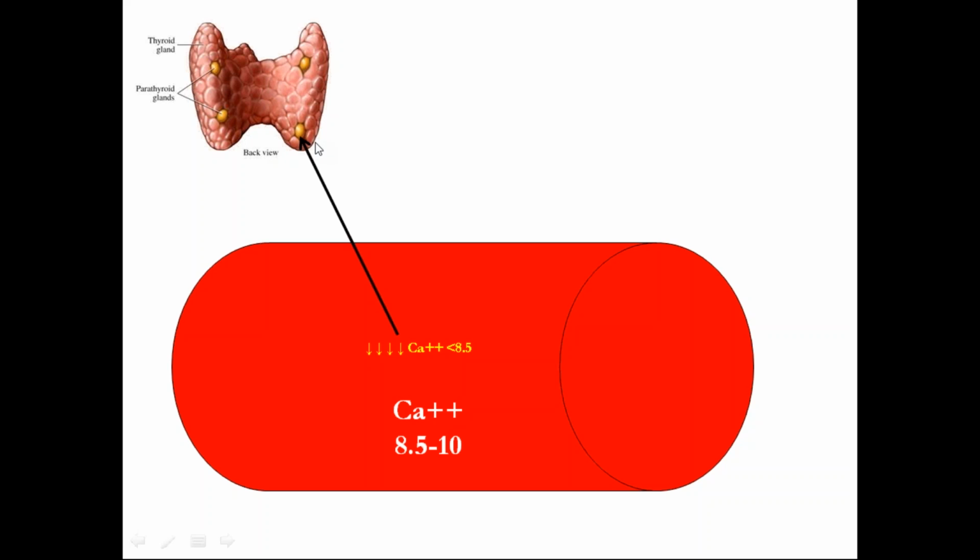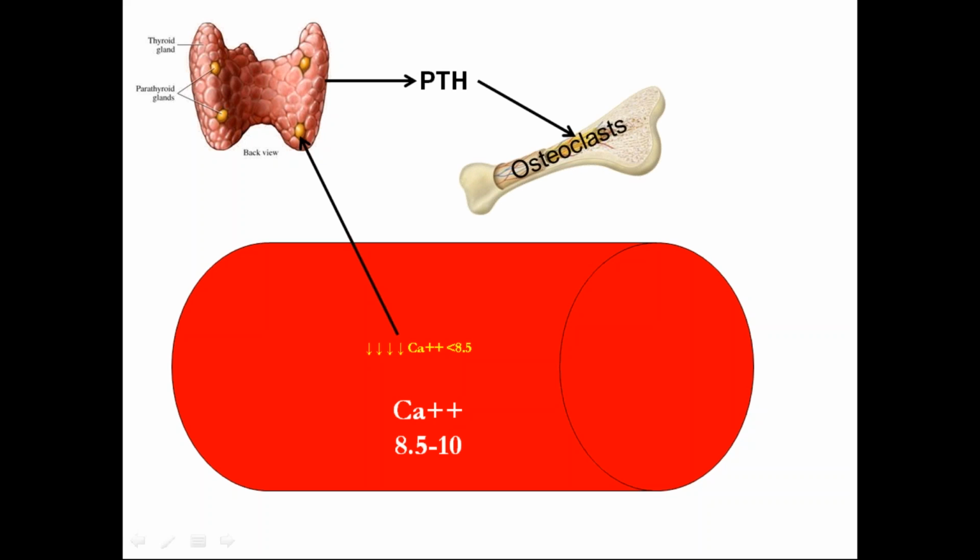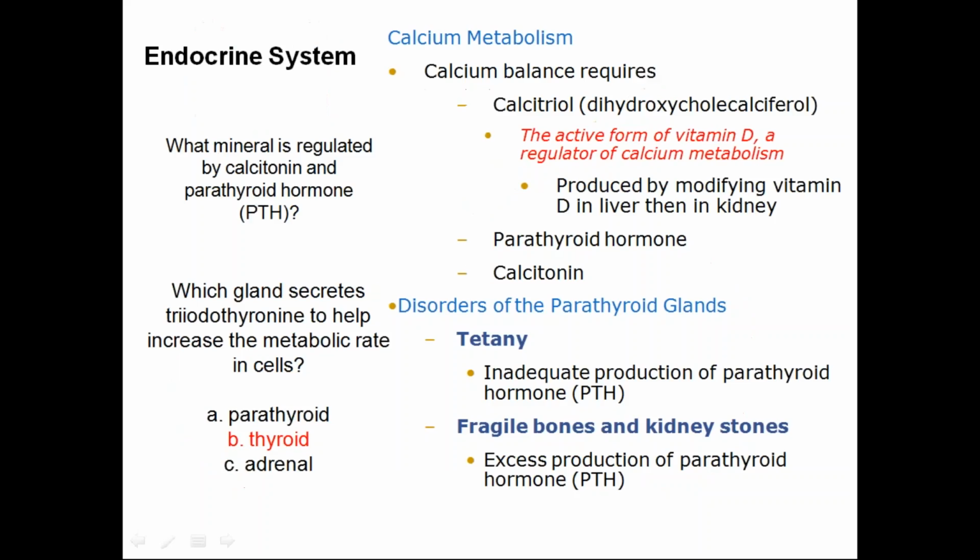The parathyroid gland is going to produce the PTH. The PTH goes to the bone and stimulates the osteoclasts. The osteoclasts take calcium from the bone and put it into the blood, and that returns calcium to normal values. That is the homeostasis of calcium.